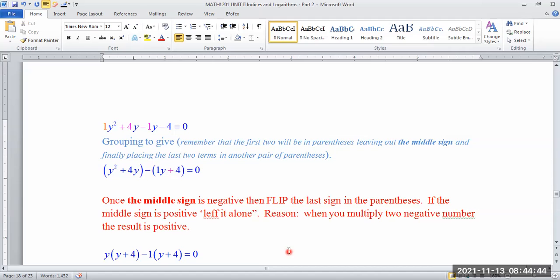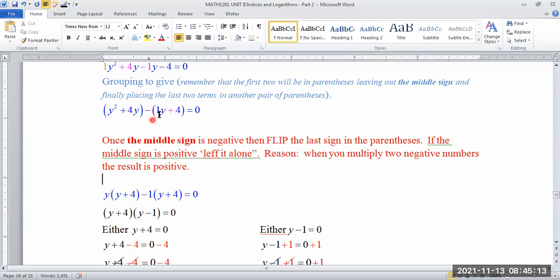That's the reason. Even if there are two negative numbers, the result is positive. So remember, the reason is when you multiply two negative numbers, the result is going to be positive. All right?